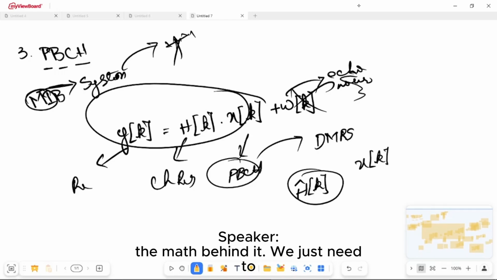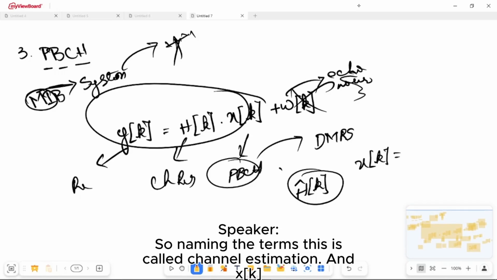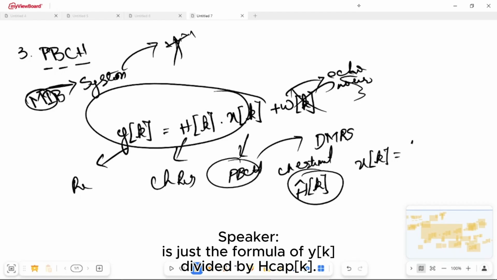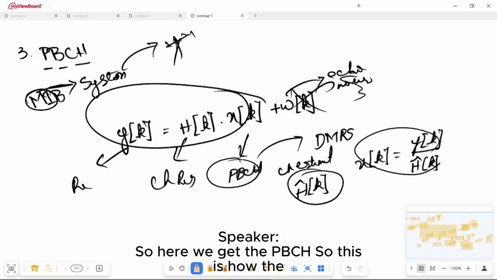We don't need the math behind it. We just need to understand that this is happening. Naming the terms, this is called channel estimation. And x of k is just y of k divided by h cap of k. So here we get the PBCH.